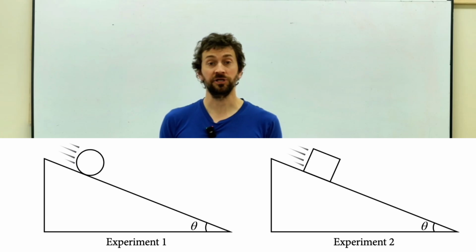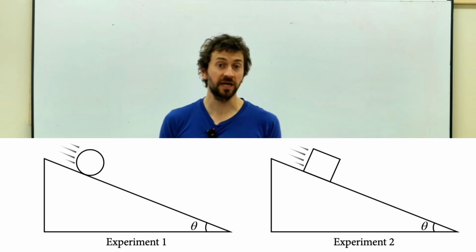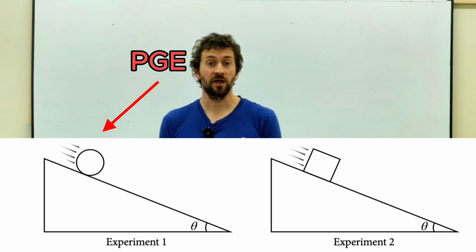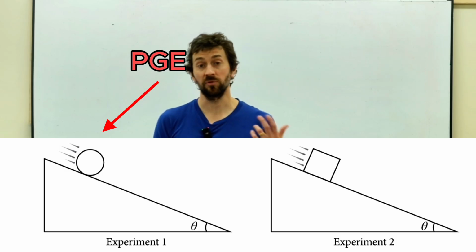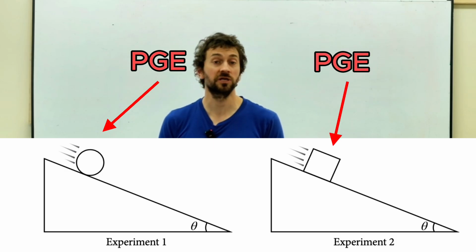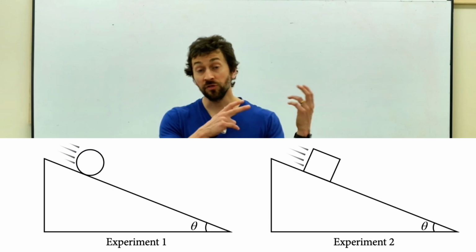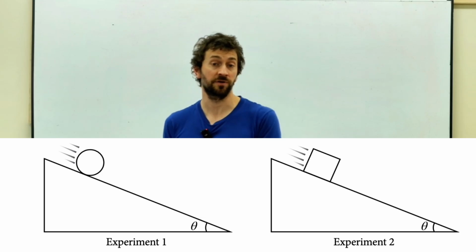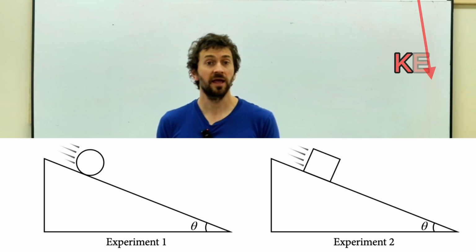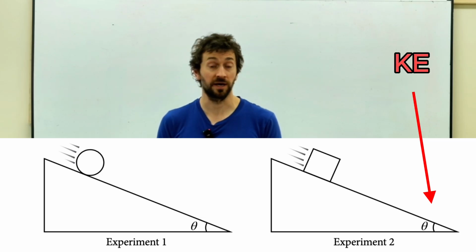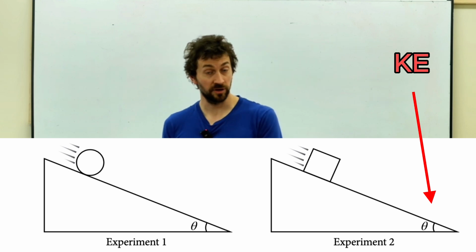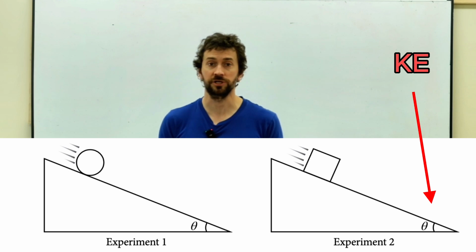If we think about energy, both these blocks start with potential energy. The disk has potential energy, which is going to be mgh, and the block has potential energy, which is also going to be mgh. And they both go down the hill. As the block goes down the hill, that potential energy is going to be converted into kinetic energy, in particular translational kinetic energy. And 100% of that is going to be translational kinetic energy. There's no friction.